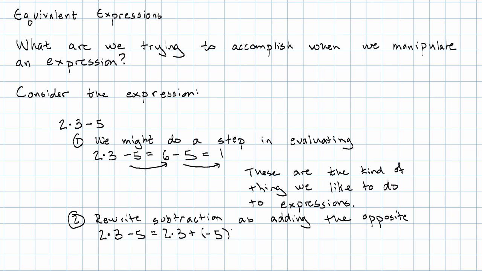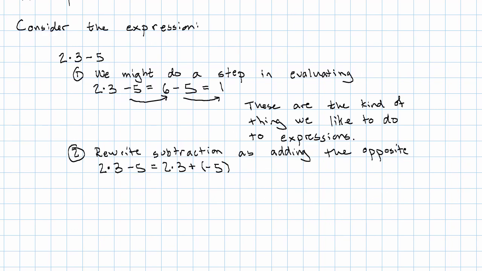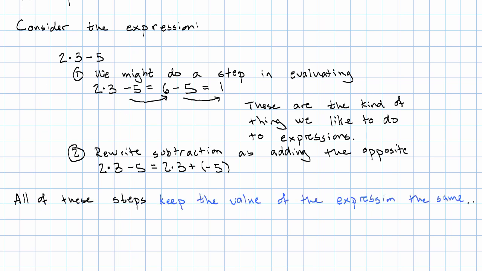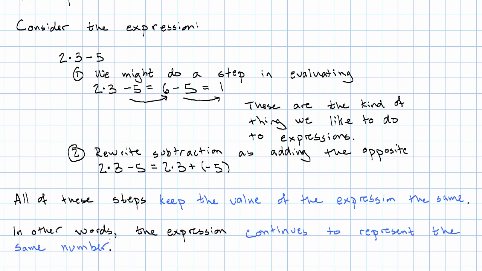That's another kind of manipulation that we like to do to an expression. What is it that all of these things have in common? They keep the value of the expression the same. In other words, the expression continues to represent the same number as we do all of these manipulations.